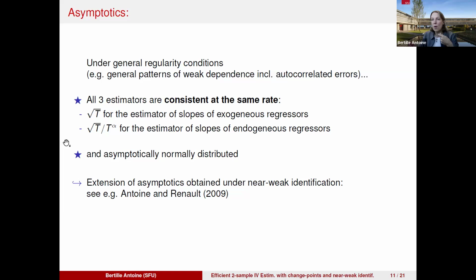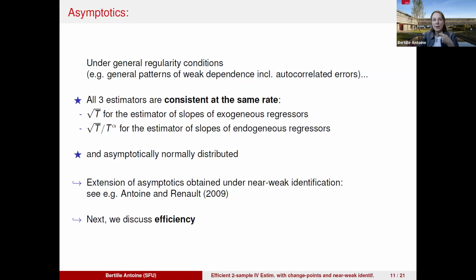So this is all very classical result based on some of the work that I have done with Eric, and there is no difference in that situation, the presence of the break or not. So all these estimators are consistent at the same rate. They are asymptotically normally distributed.